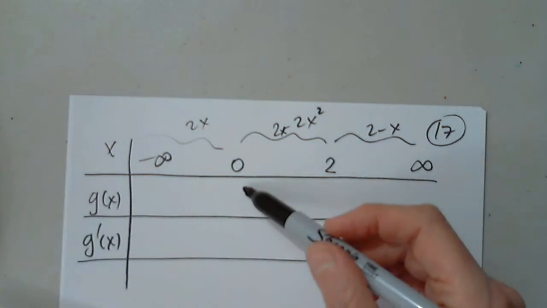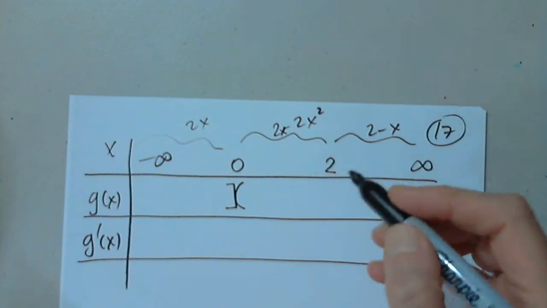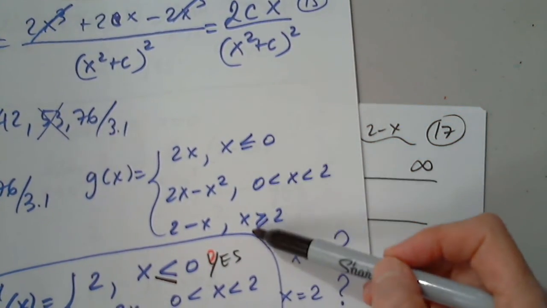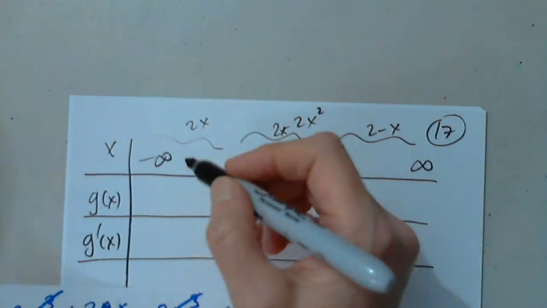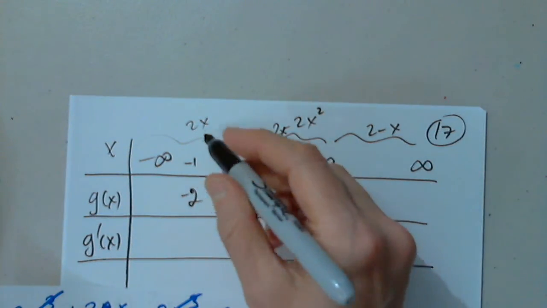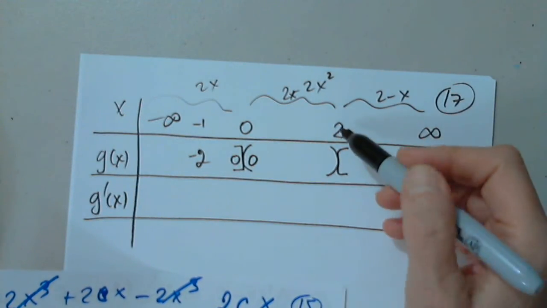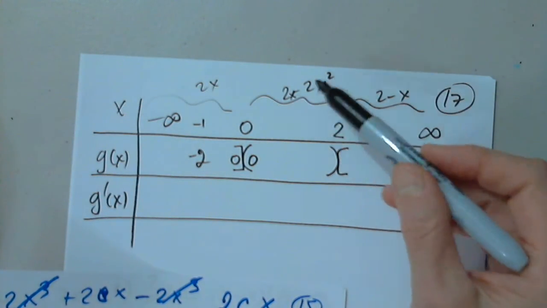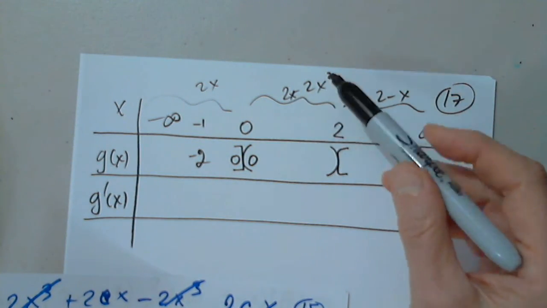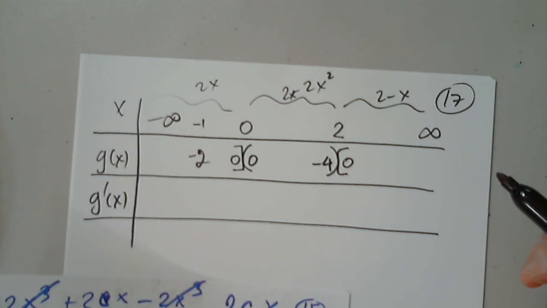Okay, so I have closed here, open here, closed here, according to these symbols. So for 2x, let's say -1, this is -2, with 0 is 0. With 2, 4 times 2 is 8, 4 minus 8, -4. With 2 is 0.